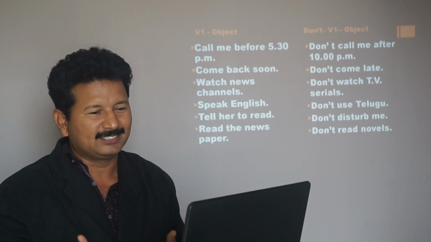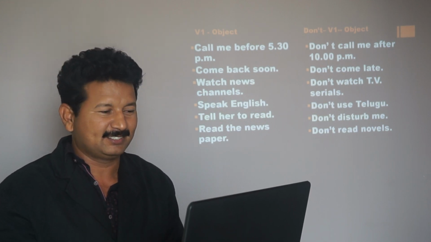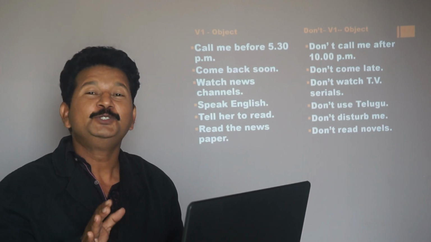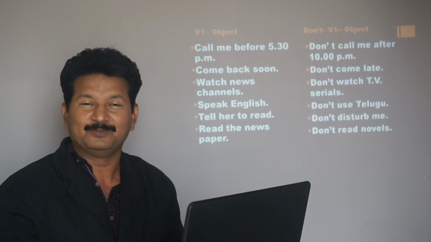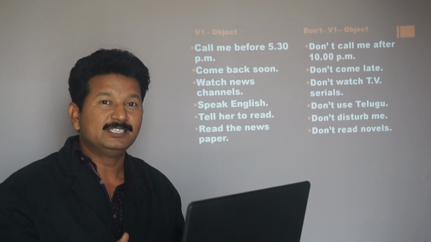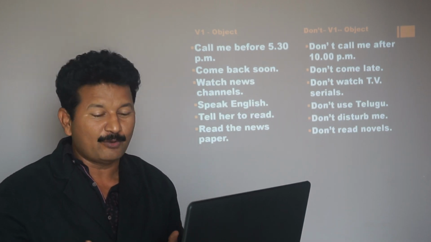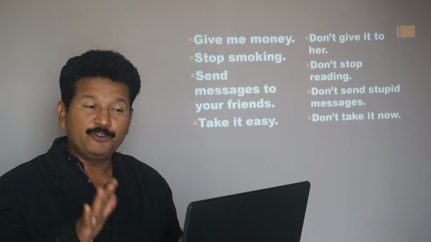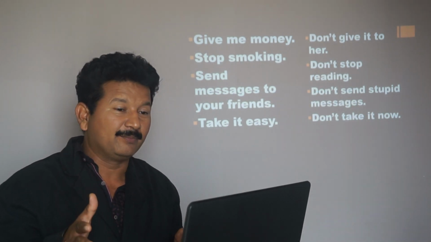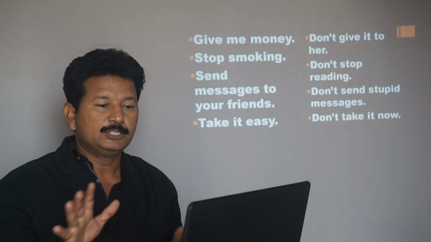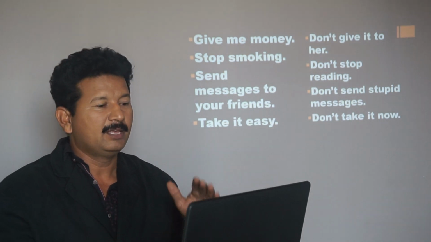Watch news channels, don't watch TV serials. Speak English, don't use Telugu in this classroom. Tell her to read, don't disturb me. Read the newspaper, don't read novels. Give me money, don't give it to her. Stop smoking, don't stop reading.